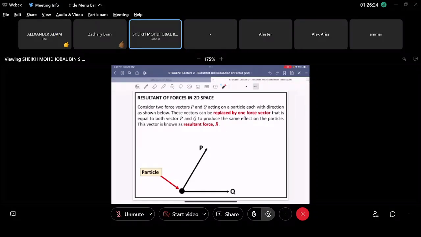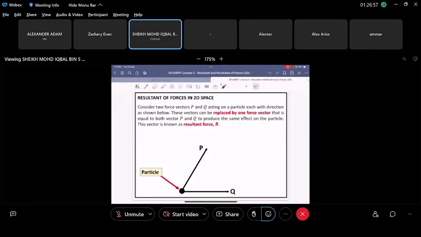It's because instead of having a lot of forces, we can just calculate one force acting on the system, right? So basically, you're just combining all the smaller forces into one big resultant force. And after you get the one big resultant force, you just have one force acting on the system with similar magnitude and similar direction, then it's going to be easy for us to do our analysis on an object or a system, right?